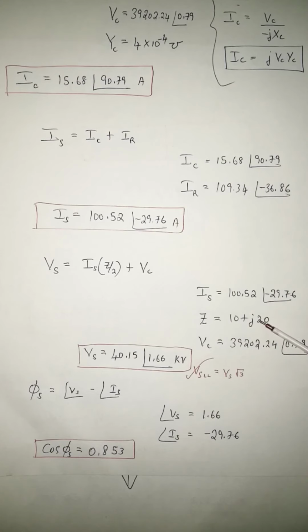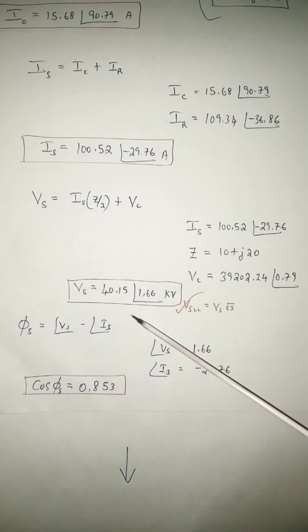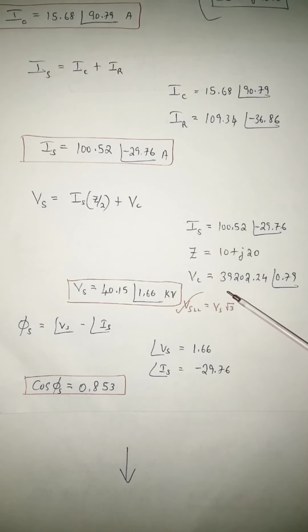Z is given in the problem. Vc we have calculated earlier. If you use these three, you will be getting Vs. In the problem they've asked for Vs line to line. Just multiply this value by root 3, you will be getting line to line voltage.